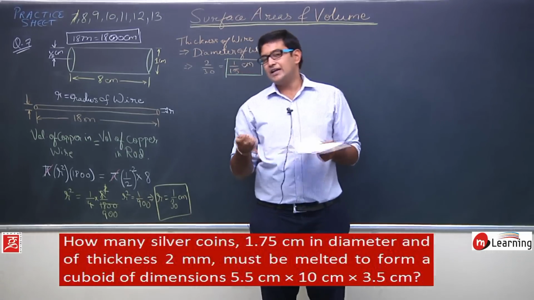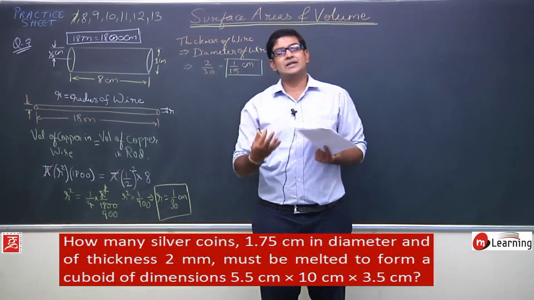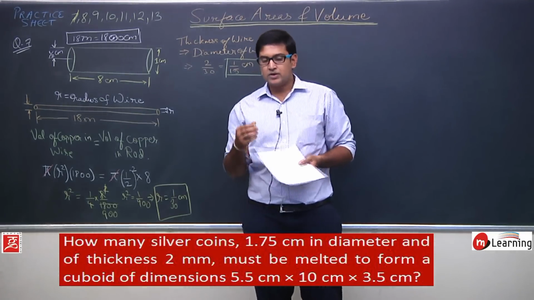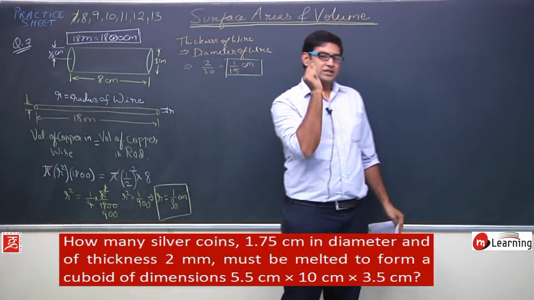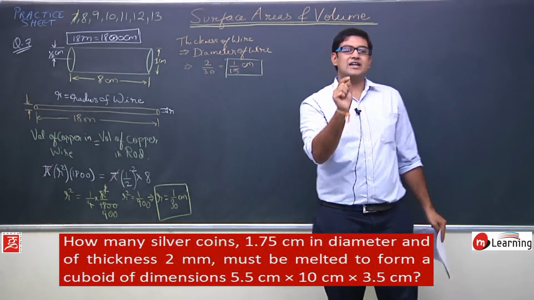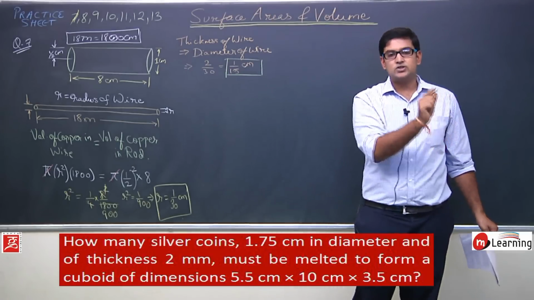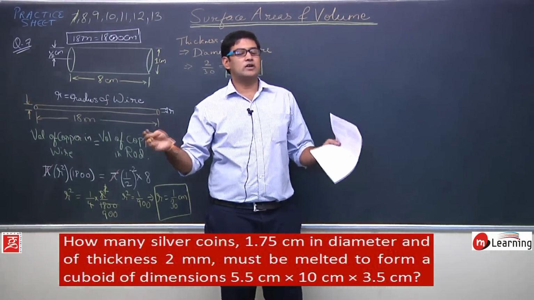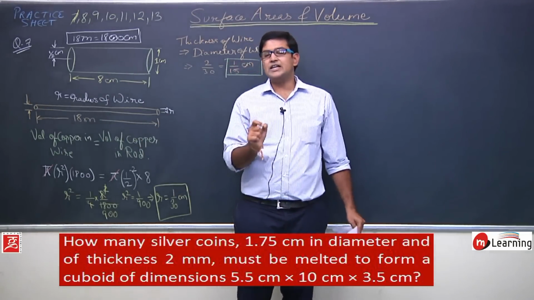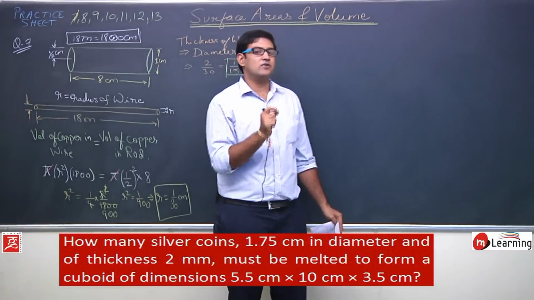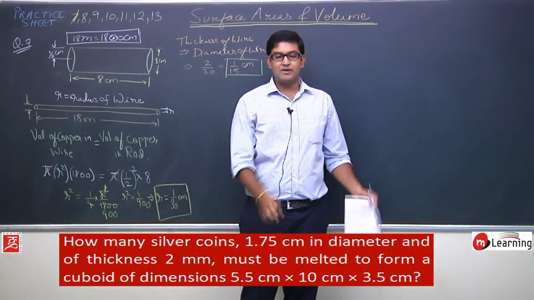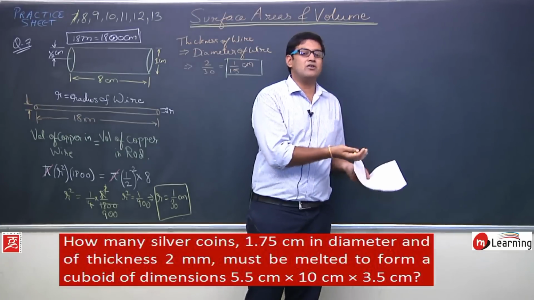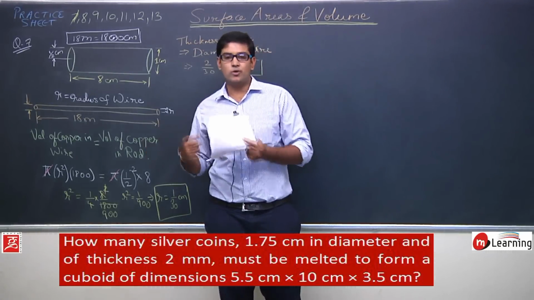So that's why I need to use, let us say, x number of coins. Okay. So what the task here is that all the silver that is contained in x number of coins should be used to make the cuboid, should be used to make the volume of the cuboid. So definitely what we can see is, this is the question of conversion of solids. I am converting the shape of the silver coin into a solid cuboid.